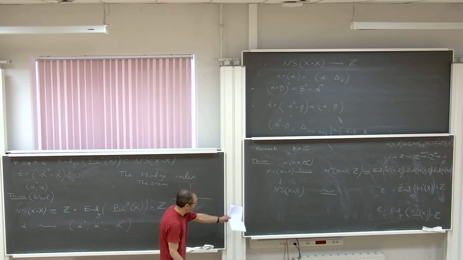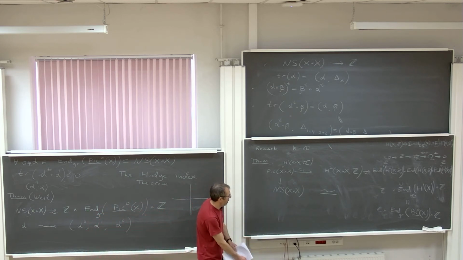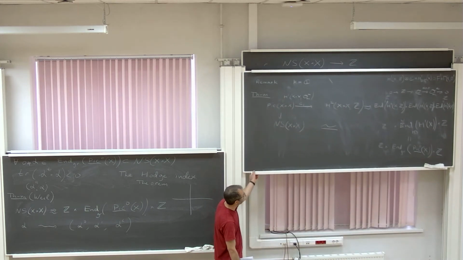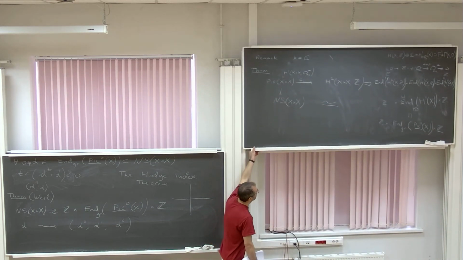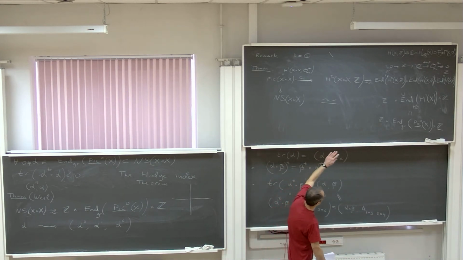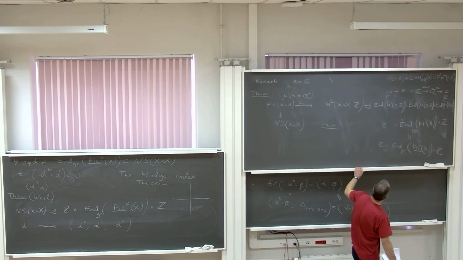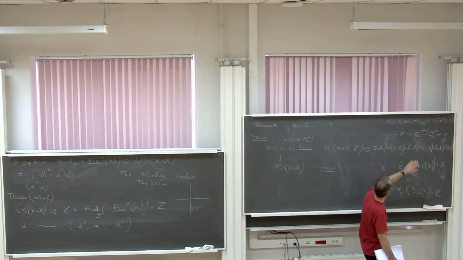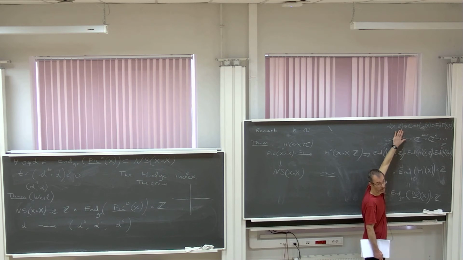So, let me explain the proof of this. Again, in the complex situation, everything can be described just in terms of this very simple linear algebra structure.